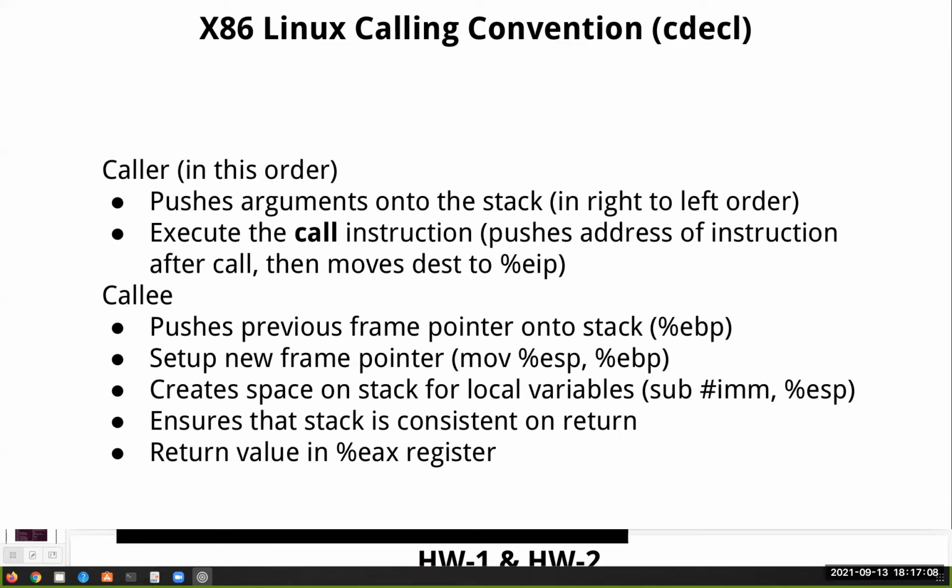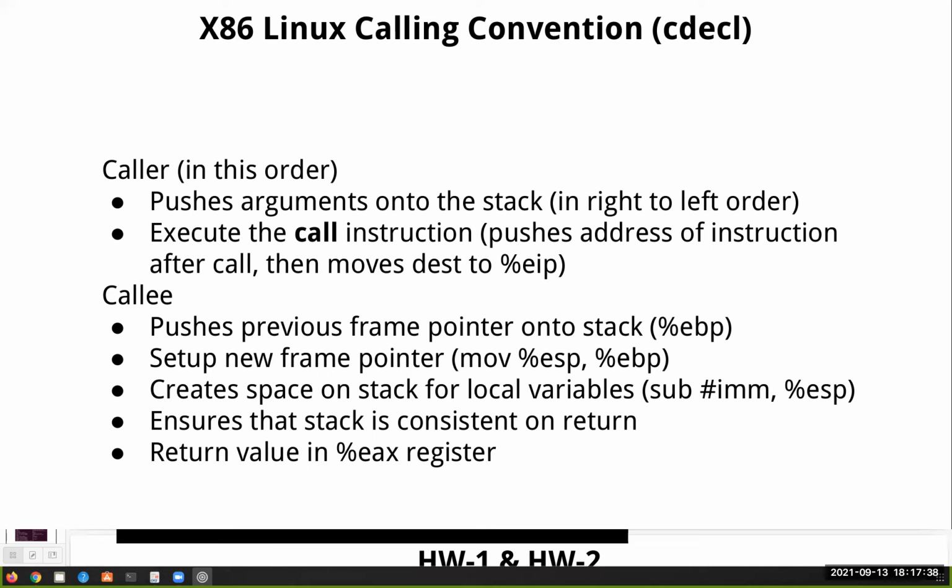Then you execute the call instruction. The call will push the address of the instruction after the call onto the stack as well, and then move the destination to EIP. And it's the callee's job to save the previous function's frame pointer.